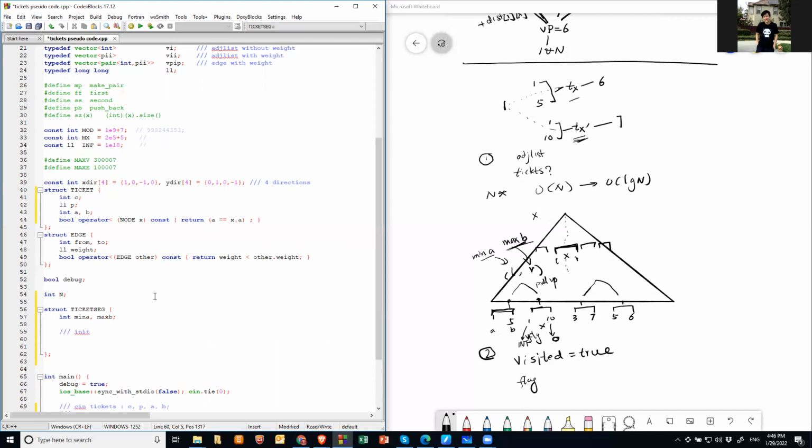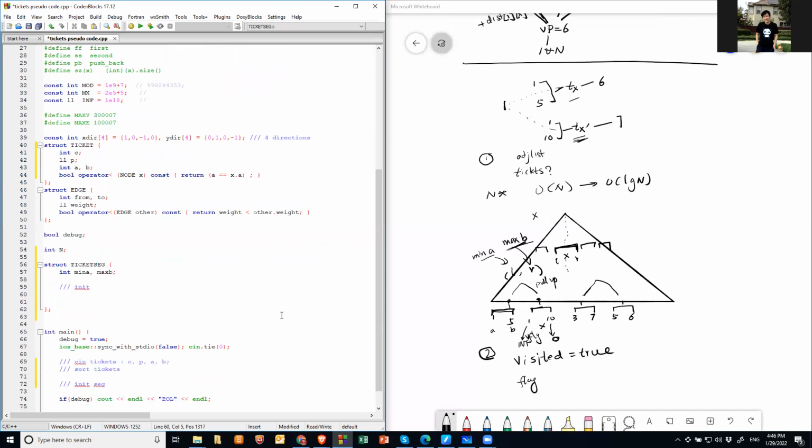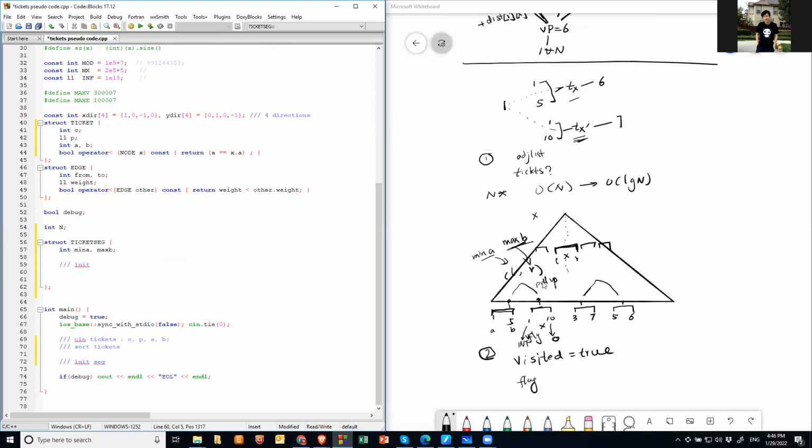It's going to be a standard initialize. You put each ticket on the leaf, then you do the pull up, which is simply the minimum of A and the max of B. Okay, so you initialize it.